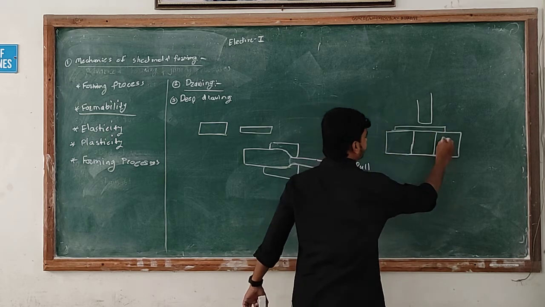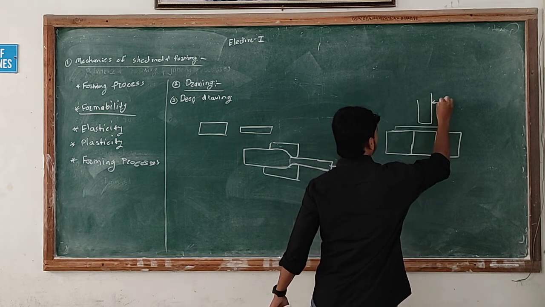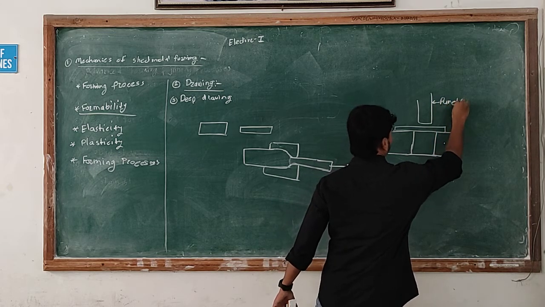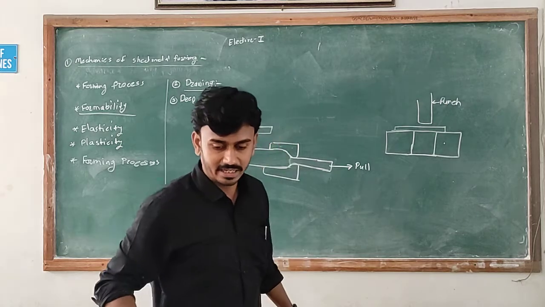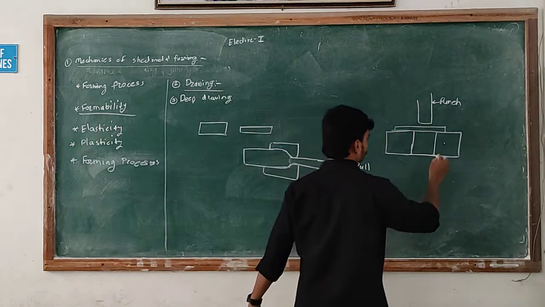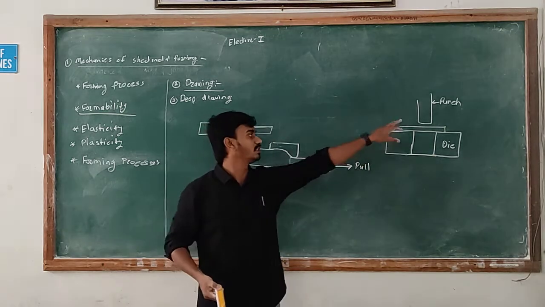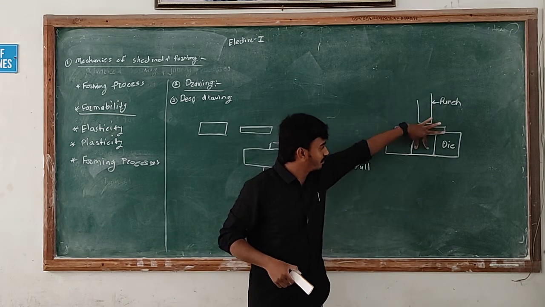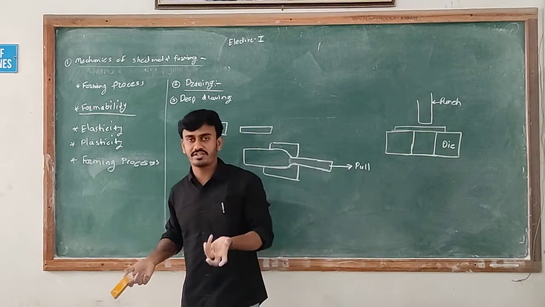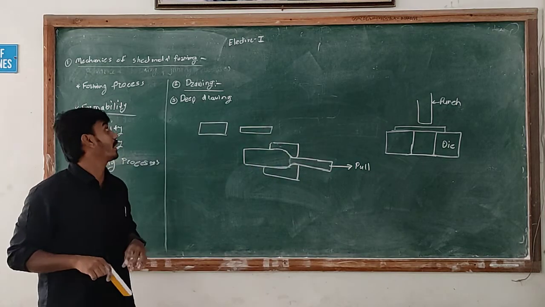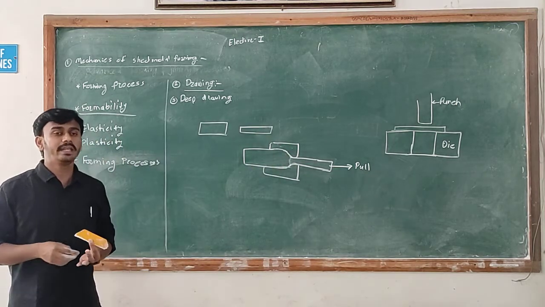So this is the die and this is the punch. When we apply the force on this sheet, it will pass through this die and we will get the required shape. So this process is called deep drawing.